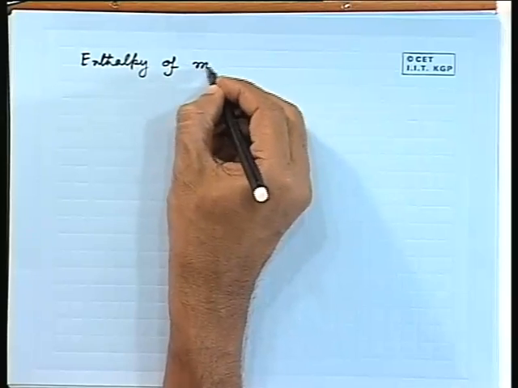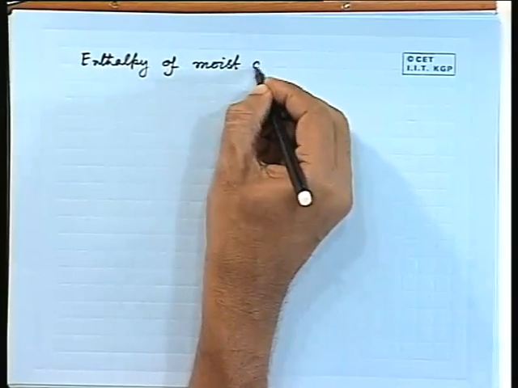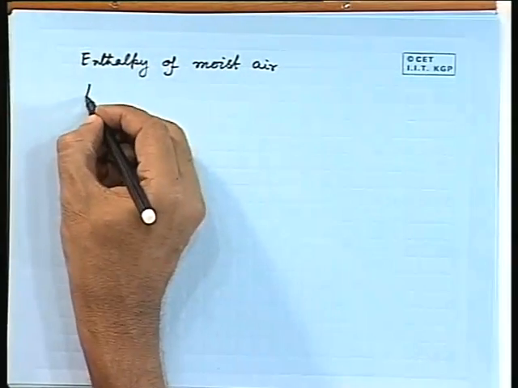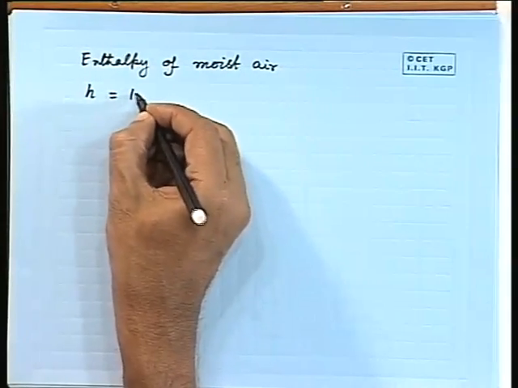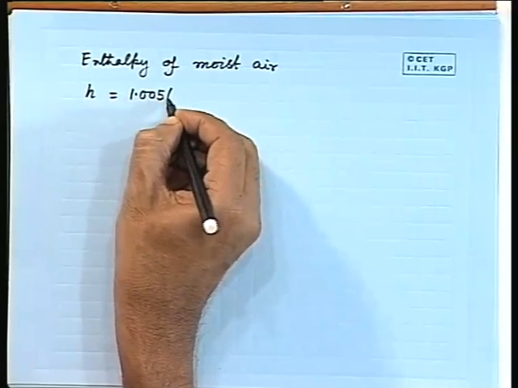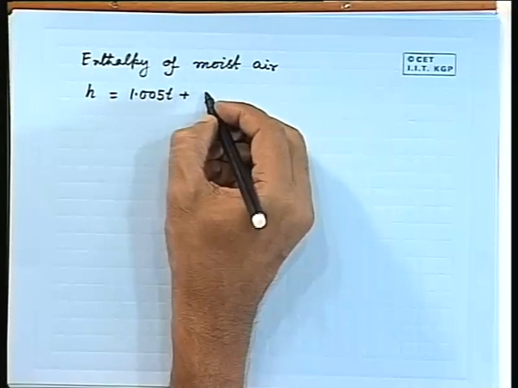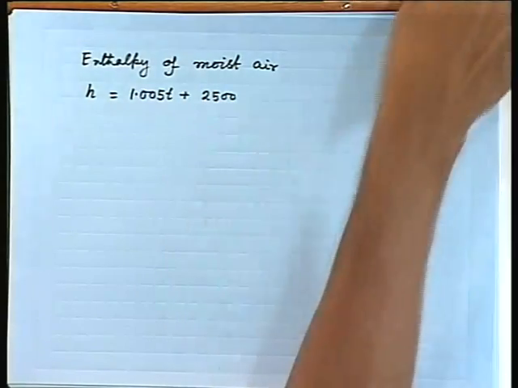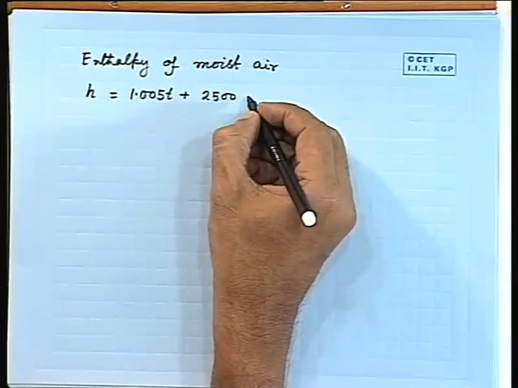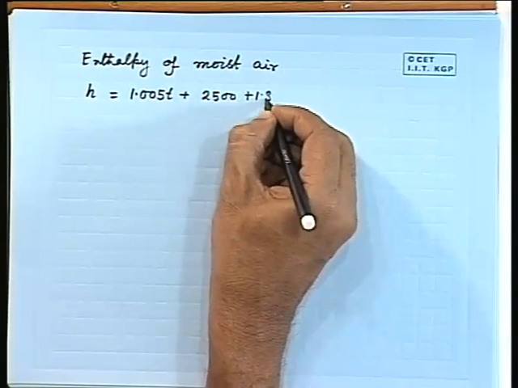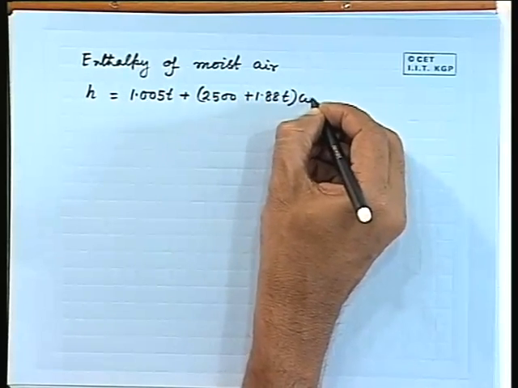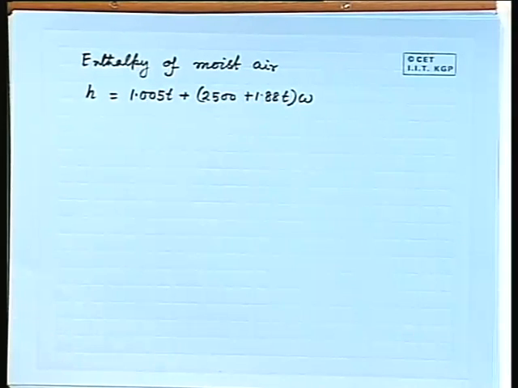Enthalpy of moist air H is equal to 1.005 T plus 2500 plus 1.88 T multiplied by W. All right.